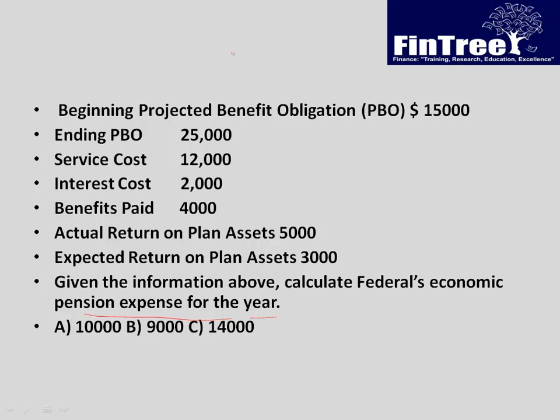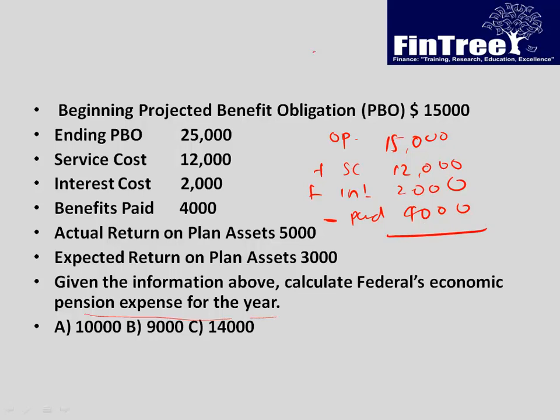Okay. See, what information we do not have here is past service cost. So we first need to check if there is any past service cost that exists in this. So opening PBO 15,000 plus service cost 12,000 plus interest cost 2,000 minus benefits paid 4,000: 27, 29, and 25.